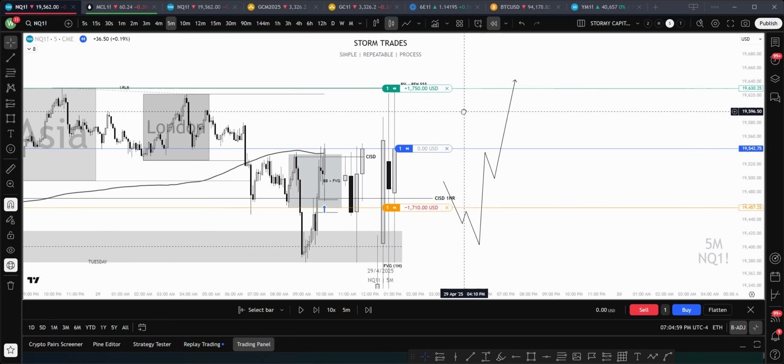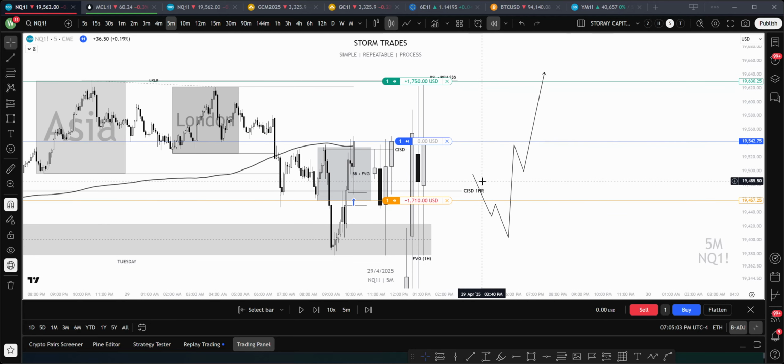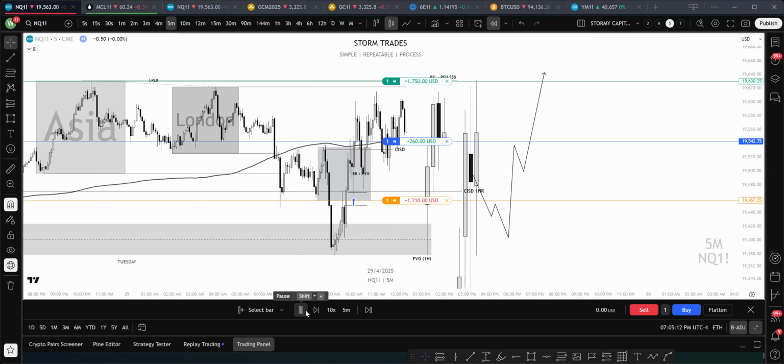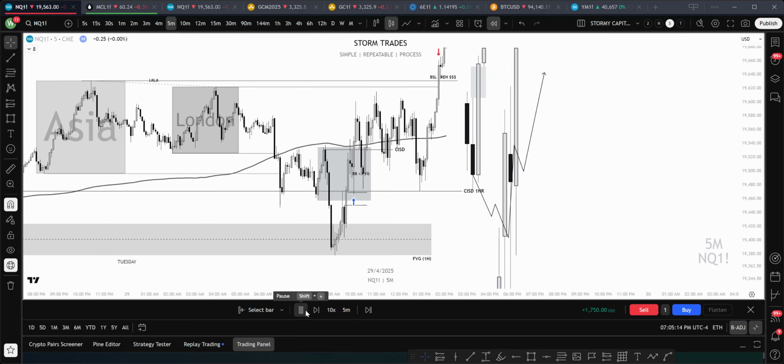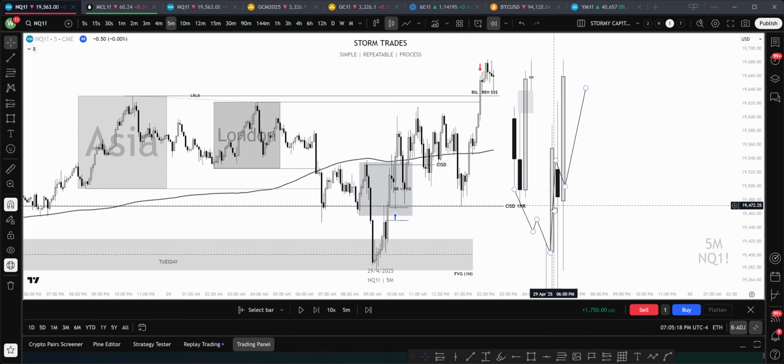It was really just about a 1-to-1 trade, but that's fine. You got to give what the market provides you. And we will play this out here. And ultimately, we had a little drawdown, and boom. That was the trade I took today.